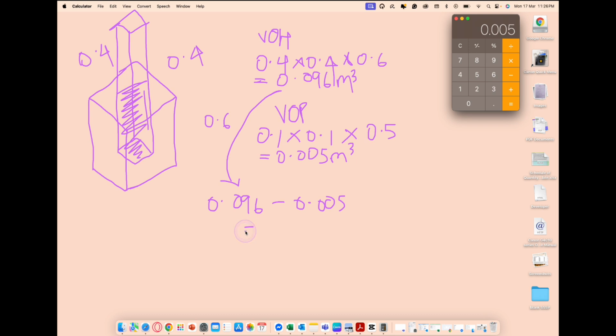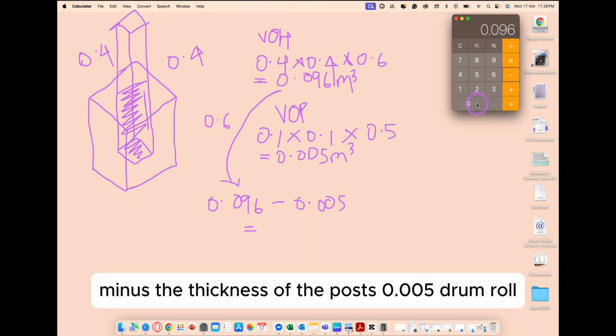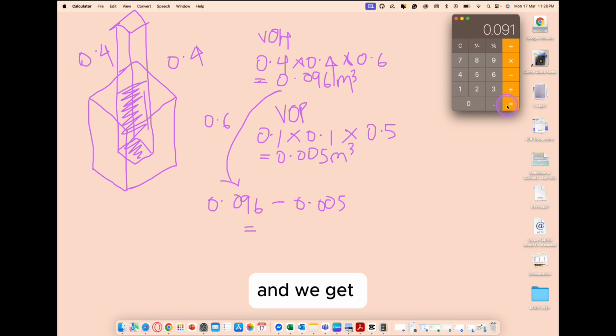That then becomes 0.096 minus 0.005, drum roll, and we get 0.091.